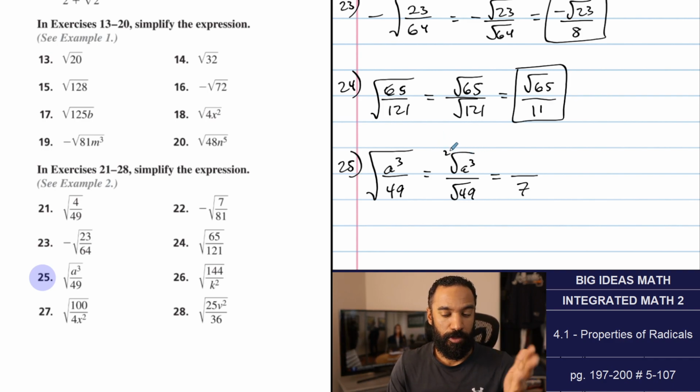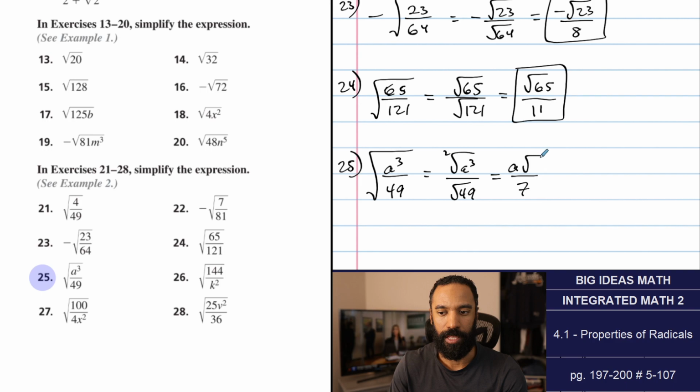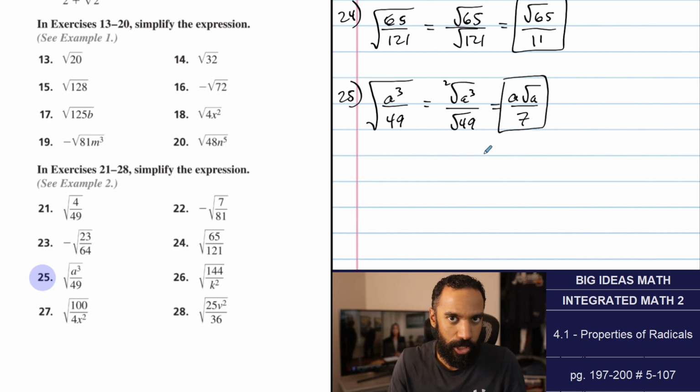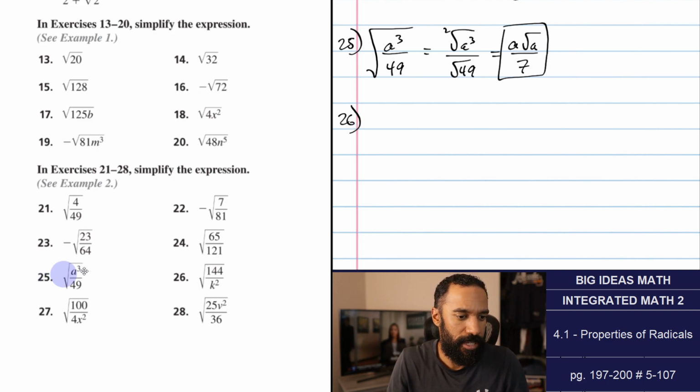Remember this is an invisible 2. 2 goes into 3 once, so there's an a to the first outside of here with the remainder of 1. 3 divided by 2 is 1, remainder 1, right? That's what's happening there. So a times the square root of a, all over 7. Or a squared times a, and you take the square root of the a squared. Because that's what we do with the numbers, right? Which we're probably going to be doing pretty soon here.